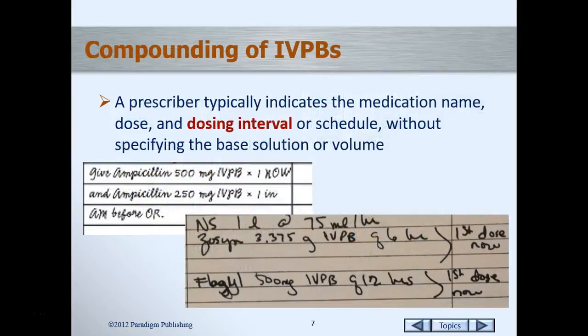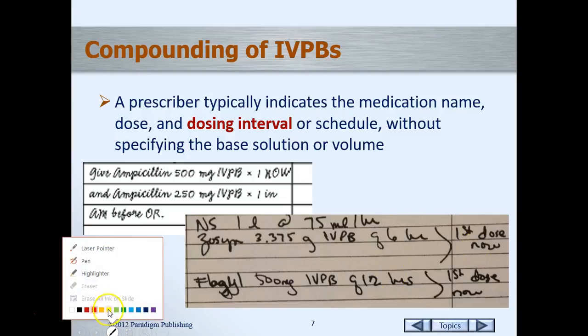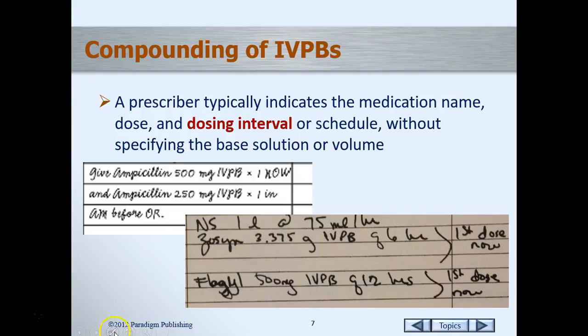So when we talk about identifying the parts of an order, the prescriber will generally indicate the medication and the dosing interval, or even a schedule, but doesn't necessarily identify the base solution. So, for example, here it says give ampicillin 500 milligrams IV piggyback now, but we don't see anything about a base solution.